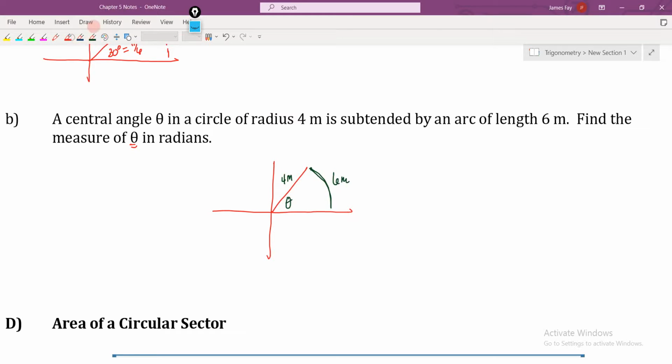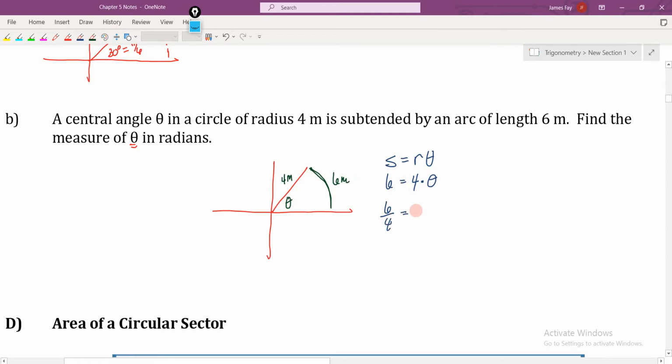So we know that s, your arc length, is equal to r times theta. So s, which in this case is the 6 meters, is equal to r, your radius, so 4, times theta. So divide both sides by 4.